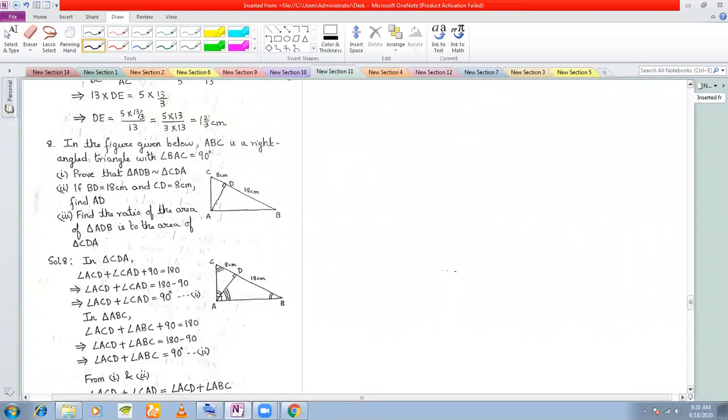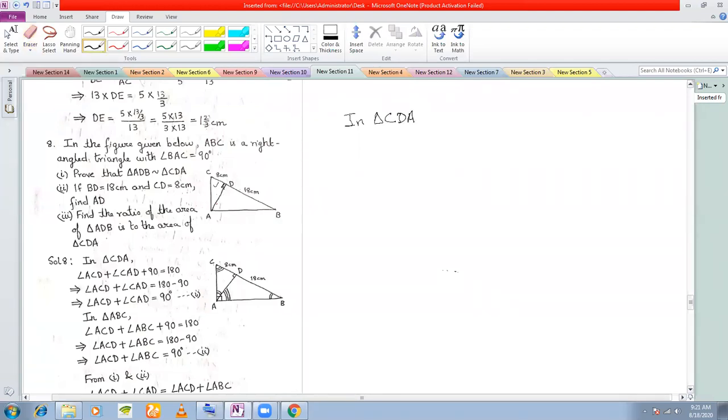Now see that this is 90-degree. Consider this triangle, this small triangle. Okay, so in triangle ADC, let's write CDA according to their notation. ADC will also work, but they have written CDA, so let's write CDA.